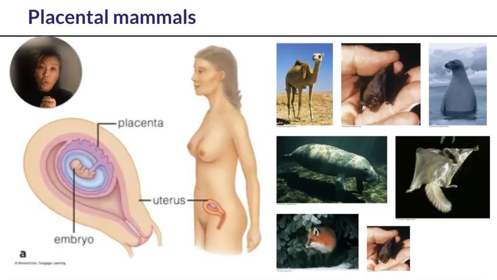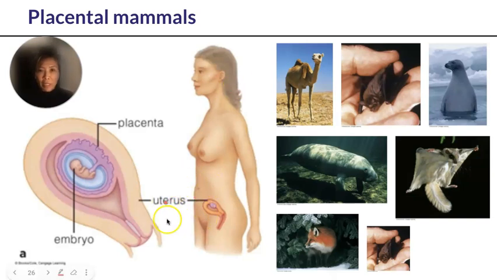So the vast majority of living mammals will have placenta, and we've talked about the embryonic egg. So you can envision that this placenta is basically a modification where we have this extra embryonic membrane that is modified to become internal development, right?